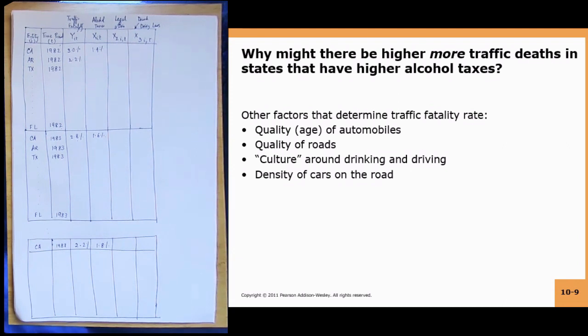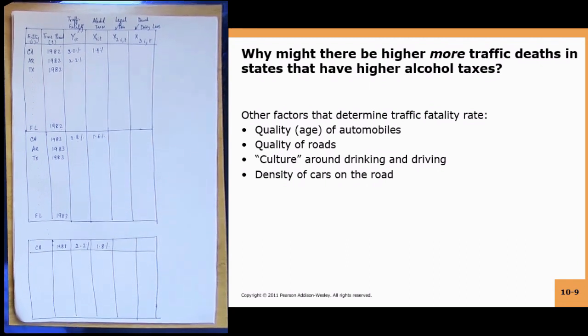A state that has higher income per capita, those individuals may be able to afford better quality automobiles. So both the car that caused the accident and the car that was hit by another car, if they are of higher quality, then possibly no one may die.